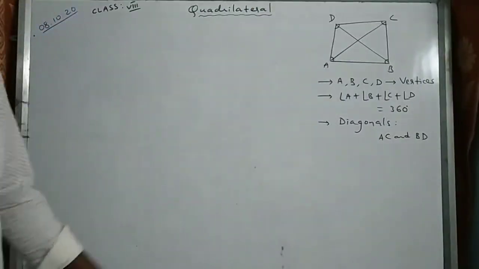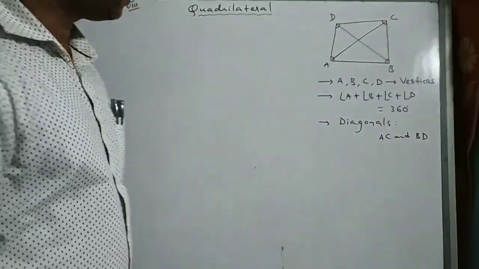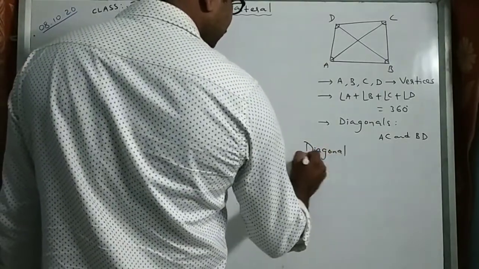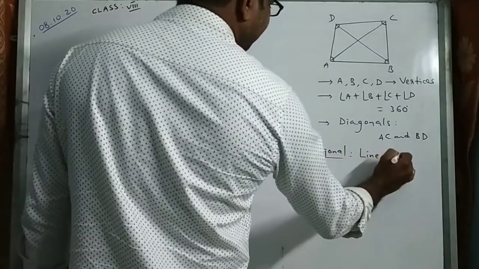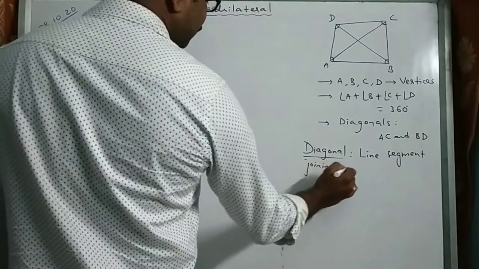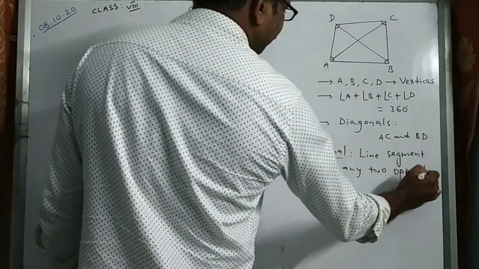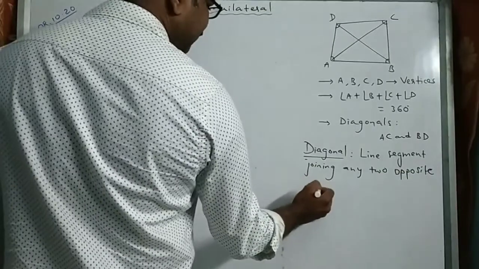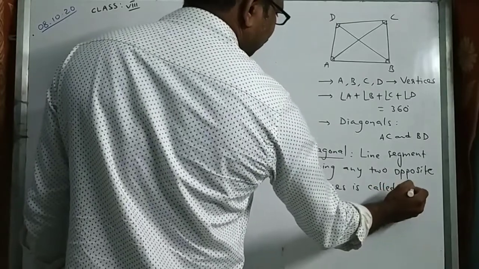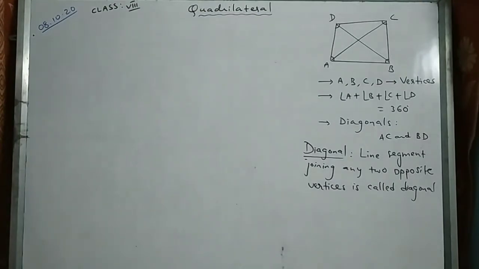A diagonal is a line segment joining any two opposite vertices. What is meant by diagonal? A line segment joining any two opposite vertices is called a diagonal.